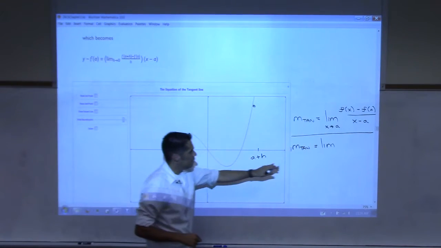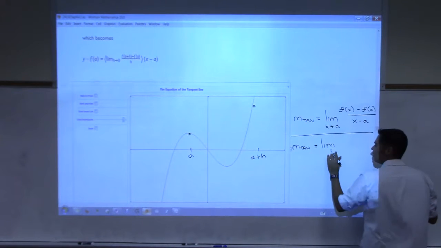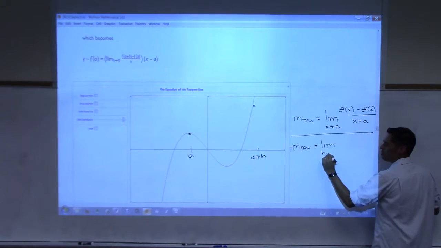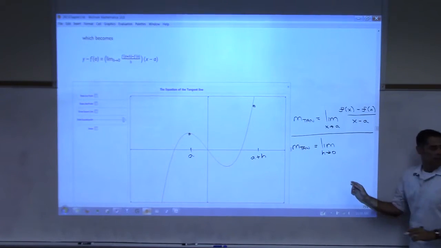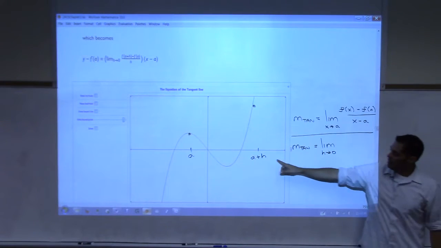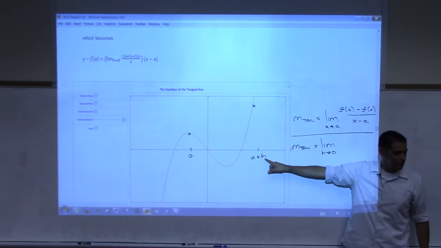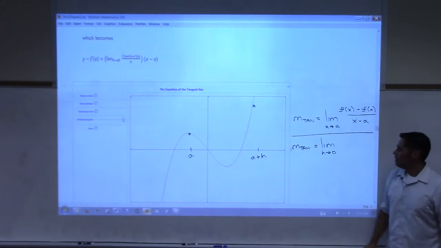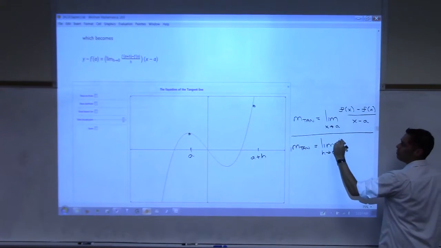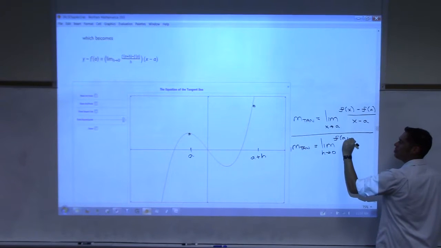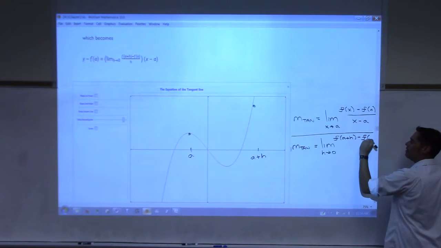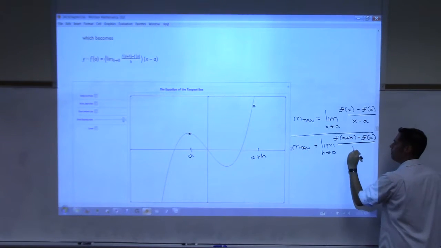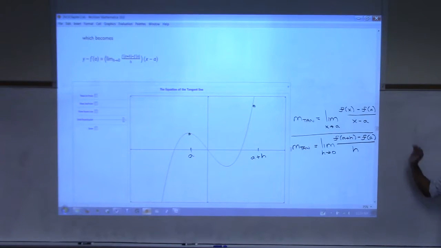So this limit will have what down here? H approaches 0. Just h. Because if I let that number get small, h, won't it get closer to a? Yes? And then the formula up here, the rise over run, becomes f of a plus h minus f of a over h. Those two formulas need to be hardwired.